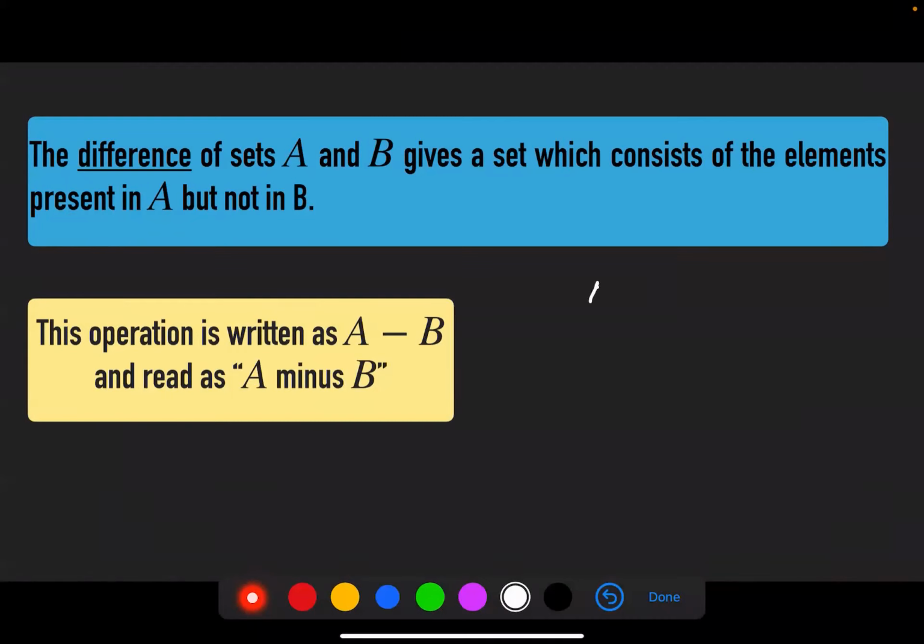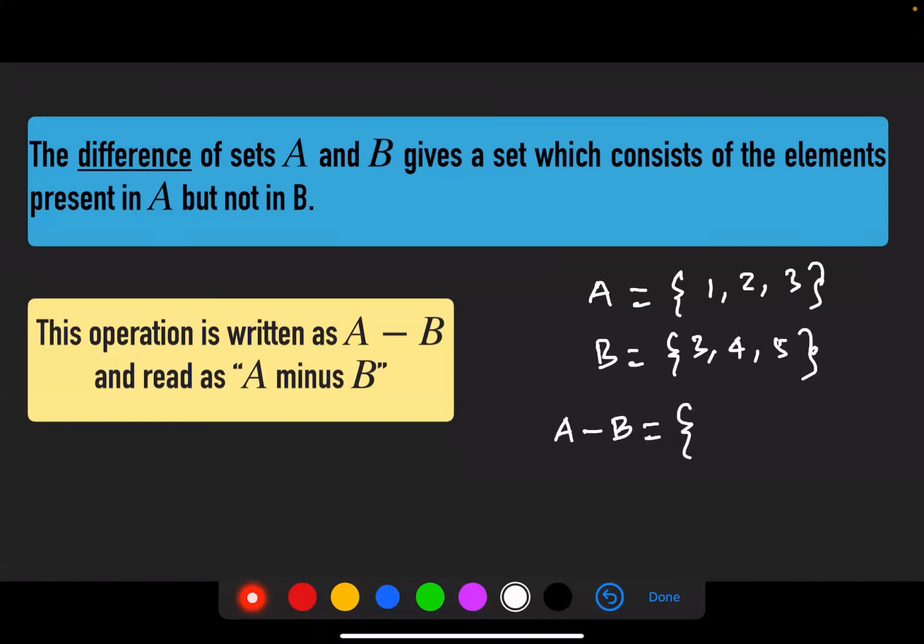If I take the same set A as 1, 2, 3, and then B as 3, 4, 5. So when you do A minus B, what are you trying to do? You're trying to take elements which are in A, but not in B. Is 1 present in A but not in B? Yes. So you will take that.